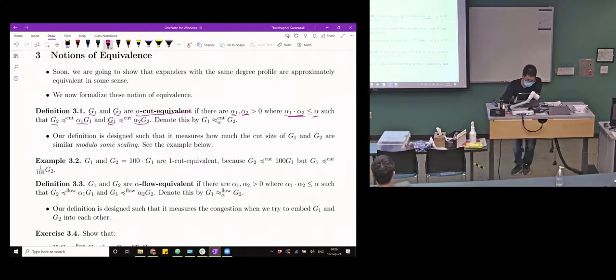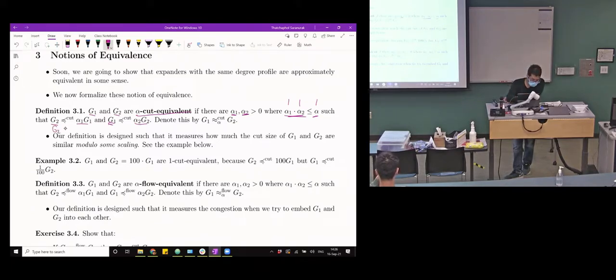This might look a bit confusing, but if you think of everything as one, if alpha 1 is 1 and alpha 2 is 1, then it just means that all cuts are the same.